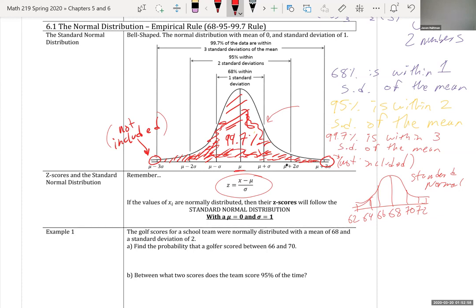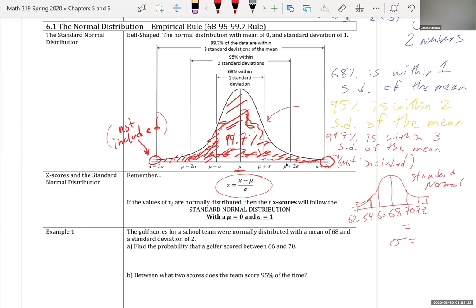So how do we turn the non-standard values into standard values? How do I know how far away 68 from 70 is? Well, I have to calculate a z-score. That depends on the mean and the standard deviation, mu and sigma.